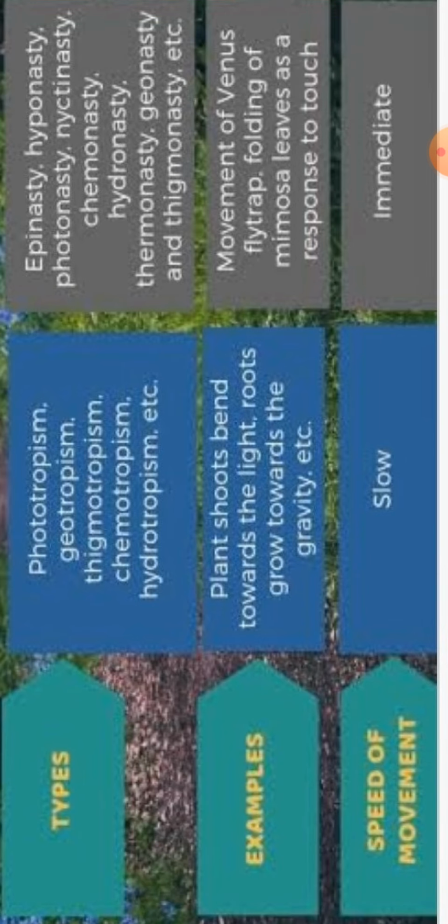Now examples: a plant shoot bends towards the light, roots grow towards gravity. So as you have seen, the stems, the shoot, are positively phototropic and roots are positively geotropic. Now here, the movement of Venus flytrap, folding of mimosa leaves in response to touch.